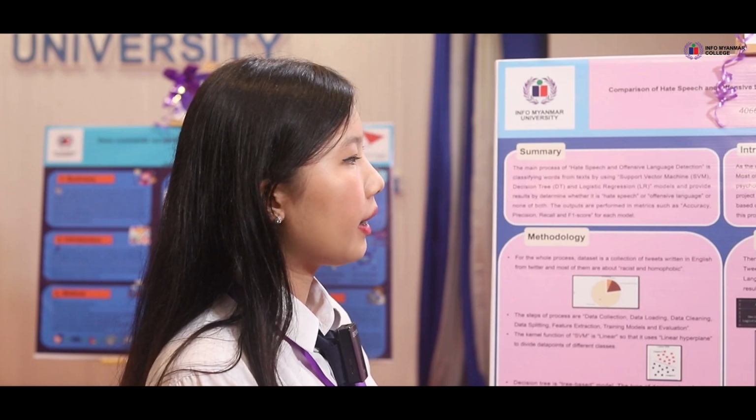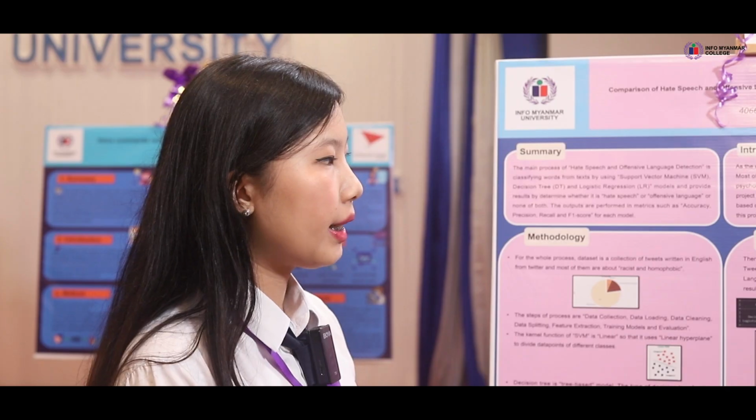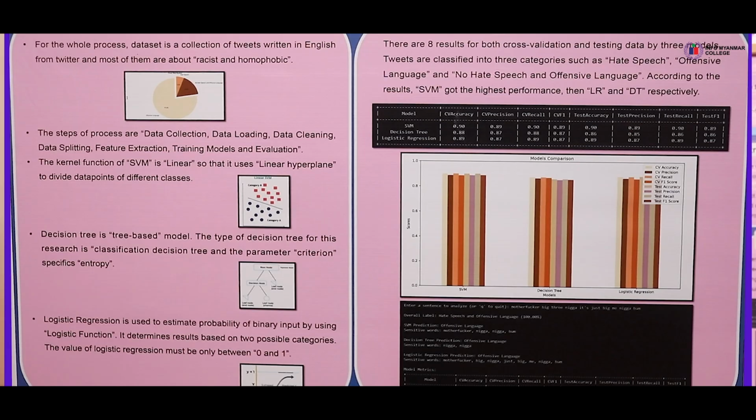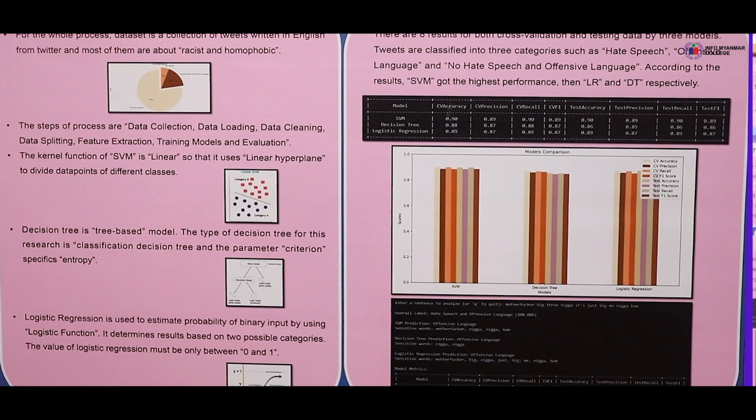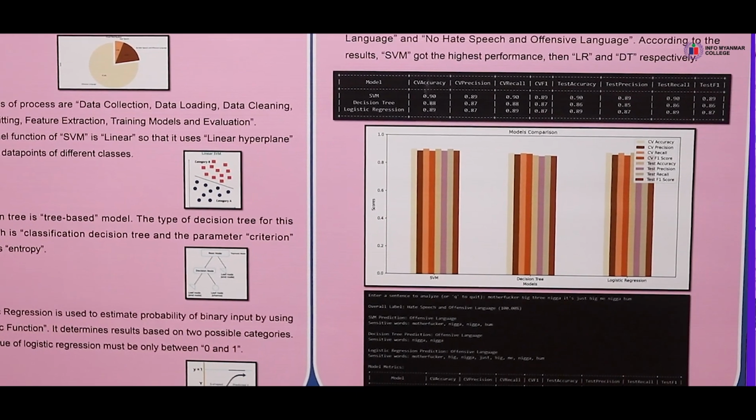And for the result and evaluation, we can see results for both cross-validation and testing data. Cross-validation is used to get more accurate and strong results by using the three models, and all the results are shown with metrics to show the performance, namely accuracy, precision, recall, and F1 score.